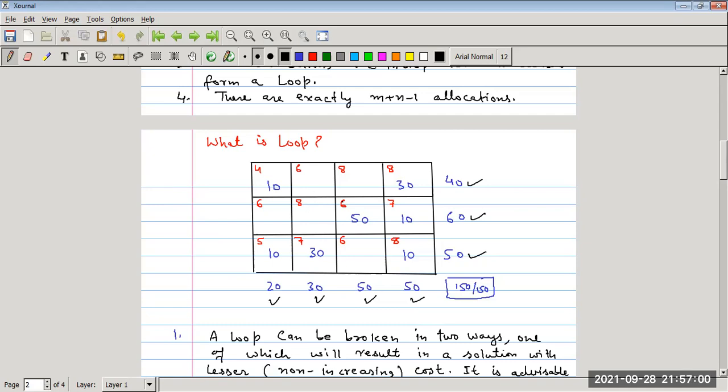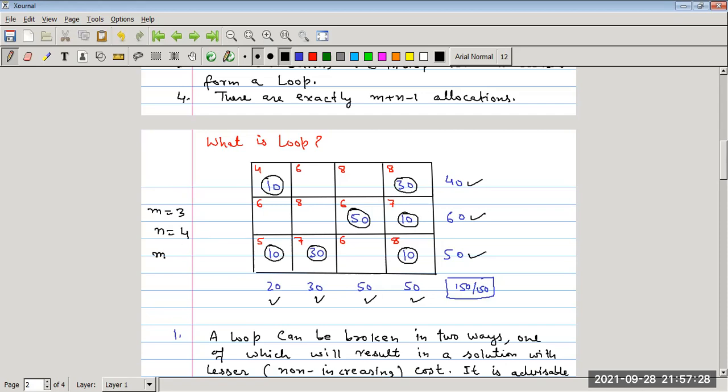So it satisfies all the supply and demand constraints. But now we have to check whether it forms a loop or not, and how many allocations there are. So this is 1, 2, 3, 4, 5, 6, 7 allocations. The number of rows, m, is 3. The number of columns, n, is 4.